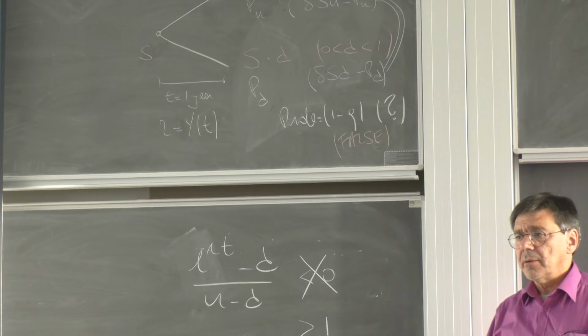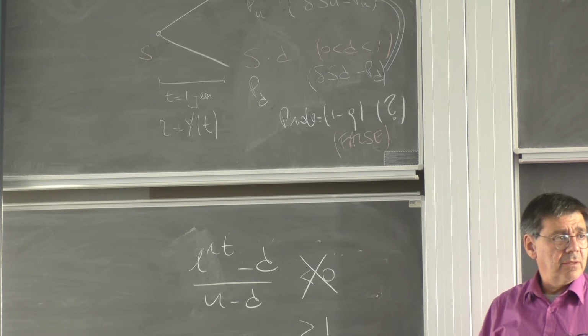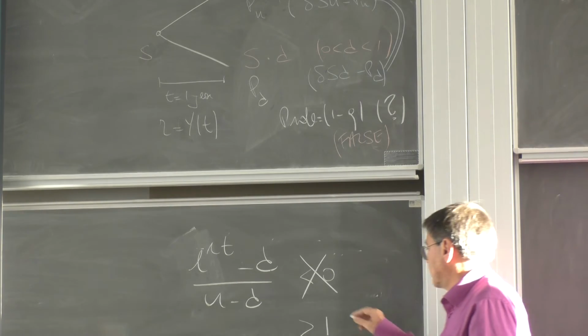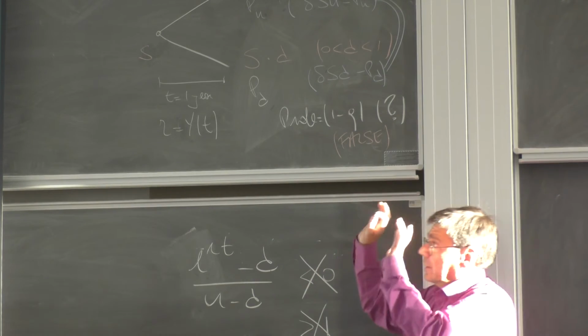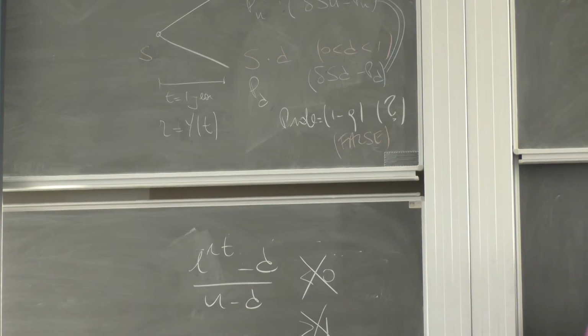Would anyone invest their money in the underlying asset? No. So this is not true either. That's why this number q is a probability. It's some number between 0 and 1. So let's think of q as a probability then. But the question is then, a probability of what? So let's try to figure it out.